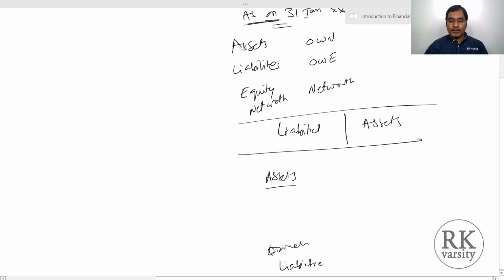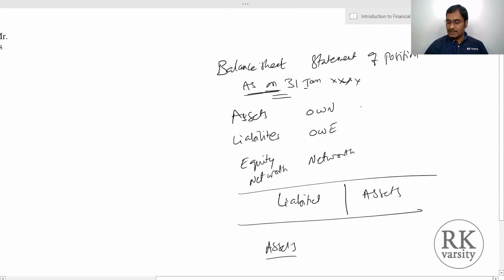Whatever the format, the core idea of a balance sheet is the same. That is, assets what the company owns, liabilities what the company owes, and the net worth of the company or business as on that particular date is depicted in a balance sheet.